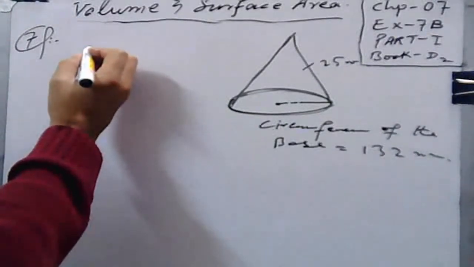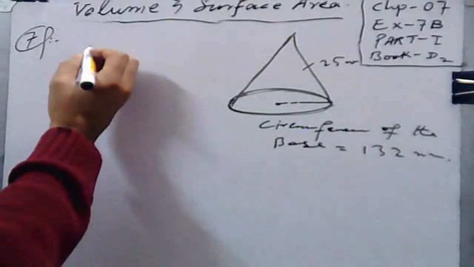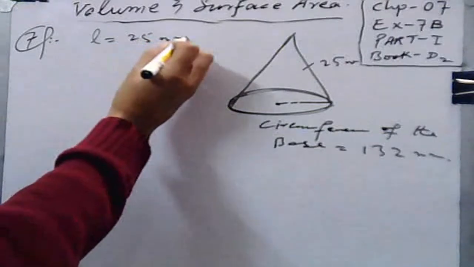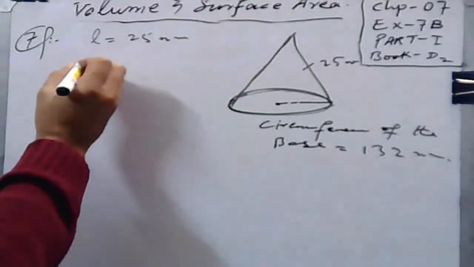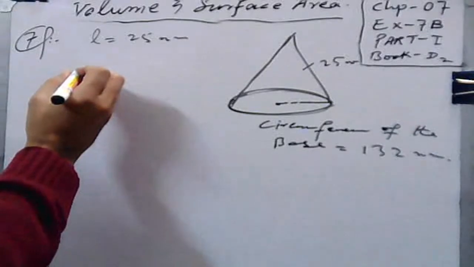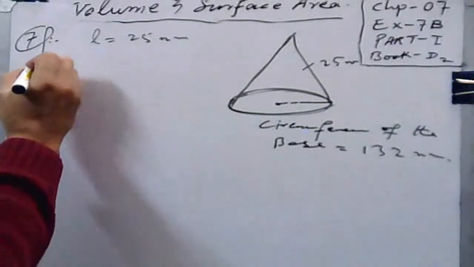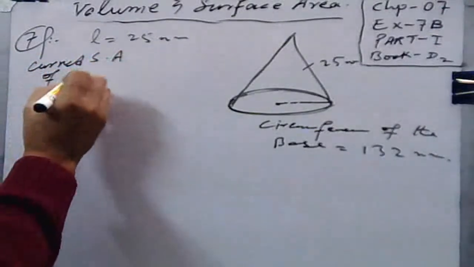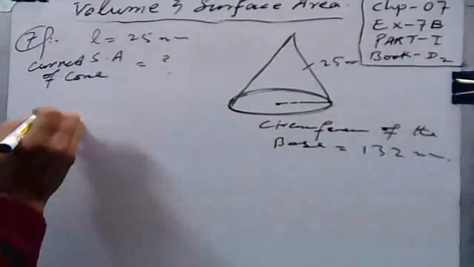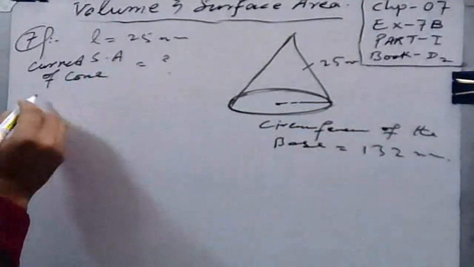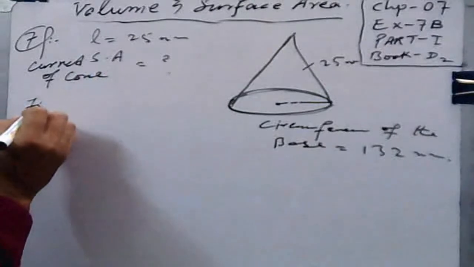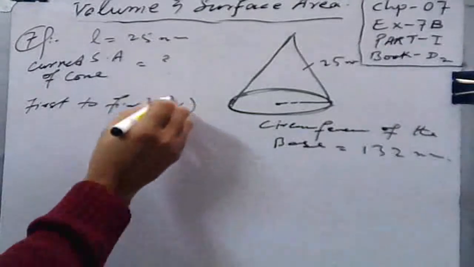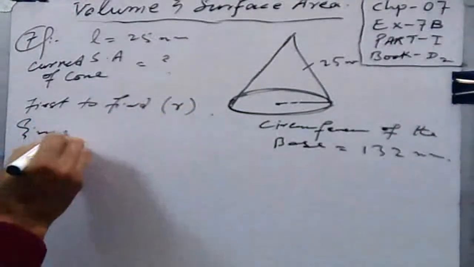The slant height is given, that is L is equal to 25 millimeter, and we have to find the curved surface area of the cone. But before that, first we have to find the value of r.